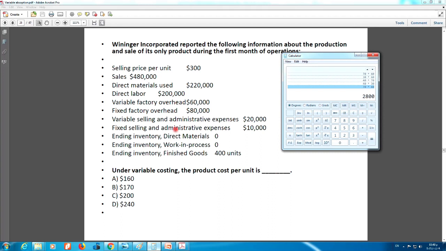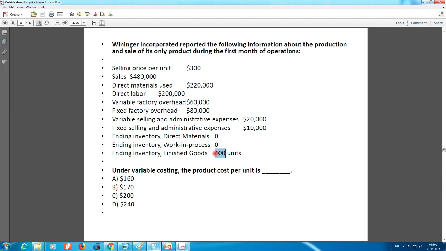The production, selling price, sales, no ending inventory in direct material or work in process, only ending inventory in finished goods.